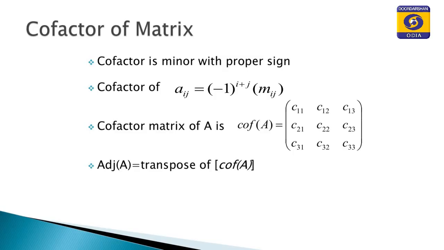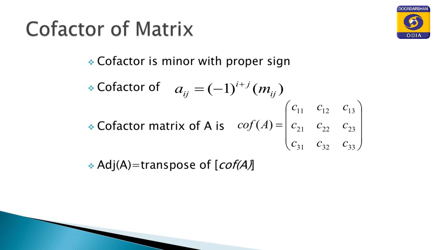Next is, what is a cofactor matrix? Cofactor is minor with proper sign. We know that the signs of a third order determinant are plus, minus, plus, minus, plus, minus, plus, minus, plus. Hence, the cofactor of Aij is nothing but the minor Mij with proper sign.